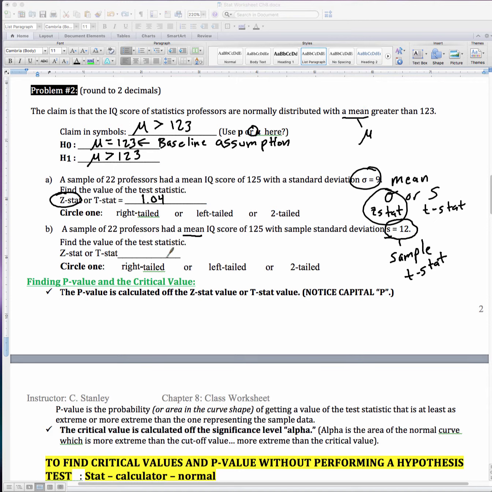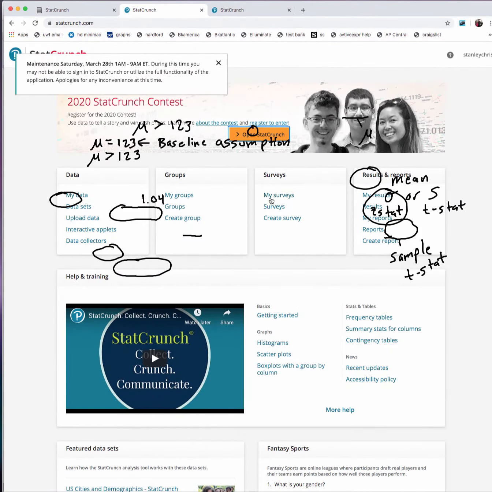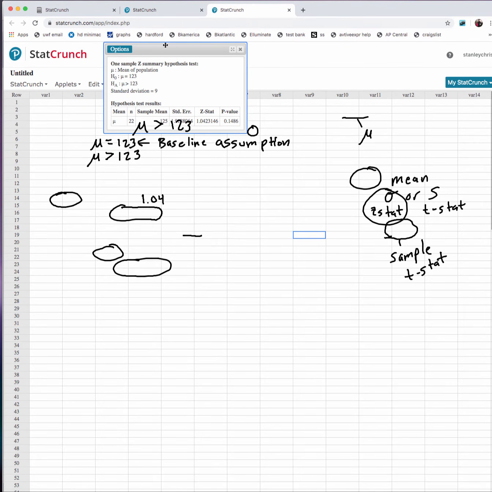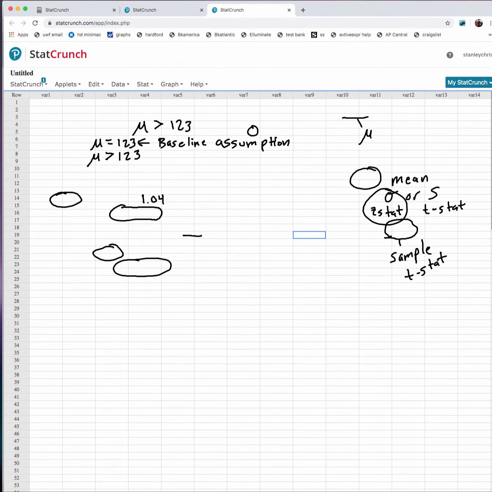So they're just showing you the difference. This is a right-tailed test. This is also a right tail, but this is going to be a t-stat. So I'll pull StatCrunch up again.